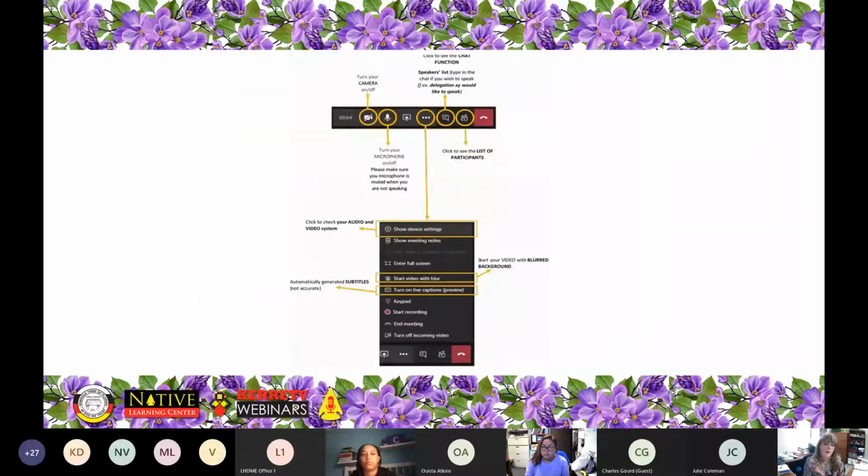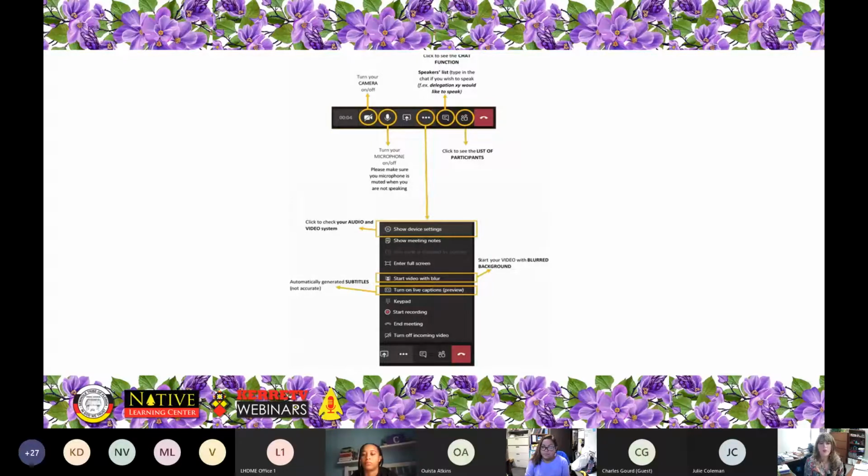For those of you that are coming on the desktop application, usually everything's going to be on the upper right-hand corner of your screen. We definitely recommend coming from the desktop. We just noticed there are usually fewer issues with the application, but again, either way is totally okay. Again, you have camera access, microphone access, and chat functions.